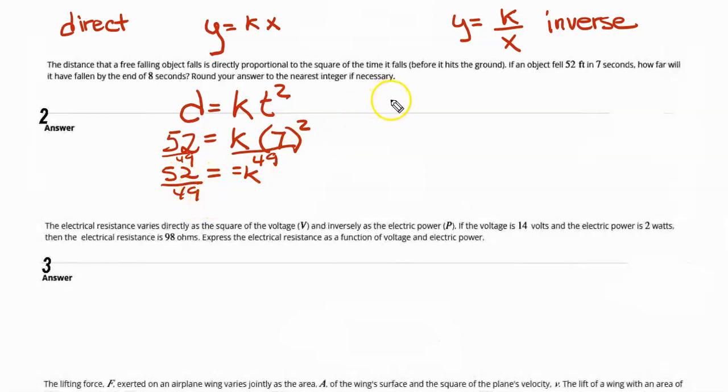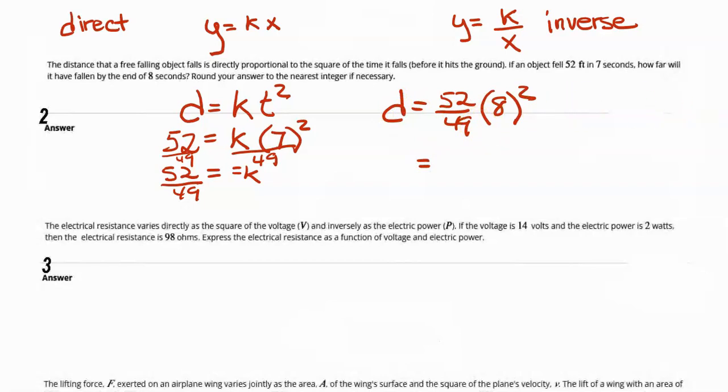So our equation of variation then will be d equals 52/49. And then our new time is going to be 8 seconds that we're going to square.